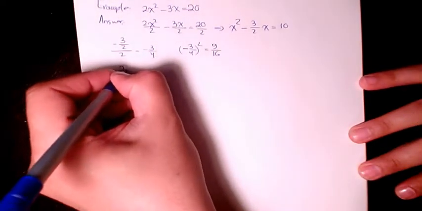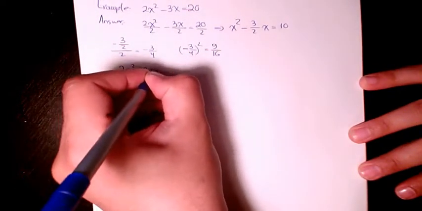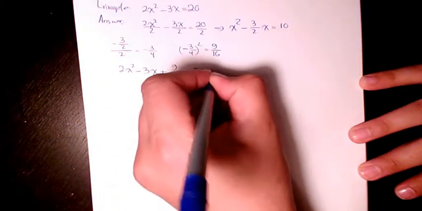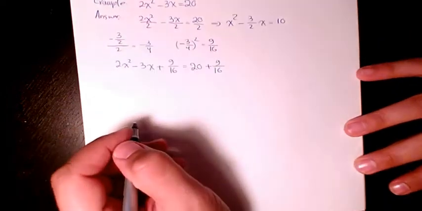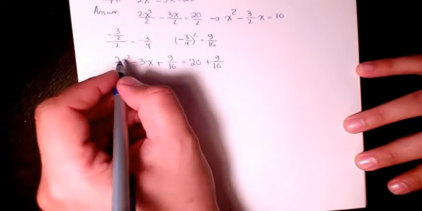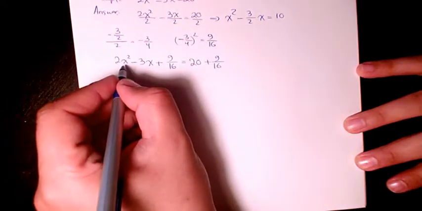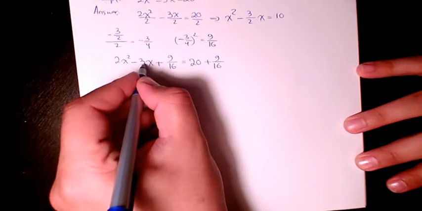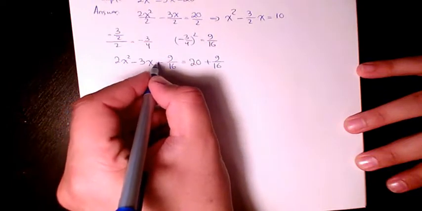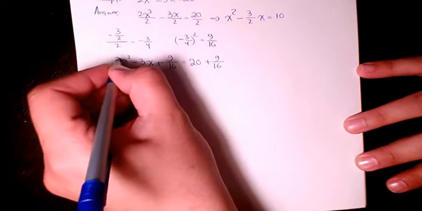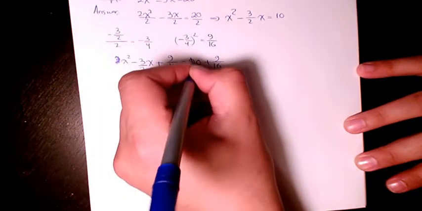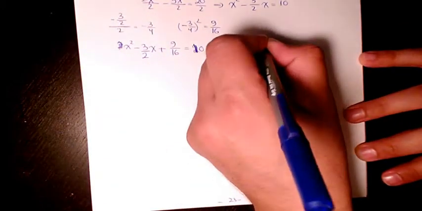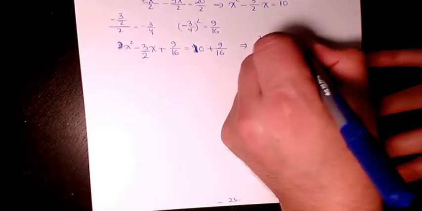So it will be x squared minus 3x plus 9 over 16 equals 10 plus 9 over 16, since we add it to both sides. So on the left, x squared minus 3 over 2x plus 9 over 16.